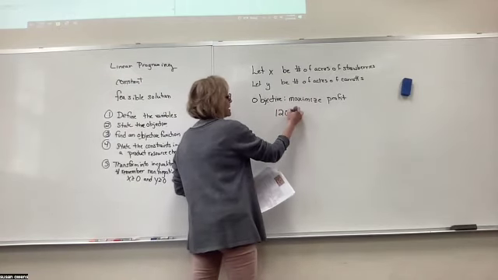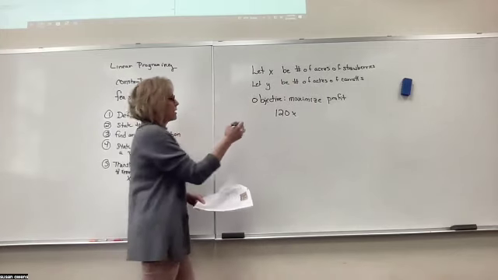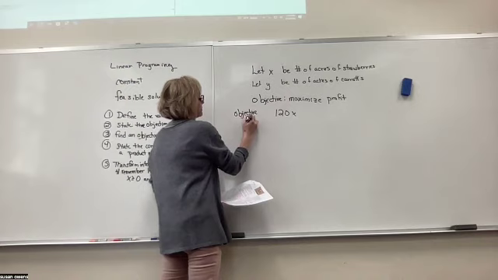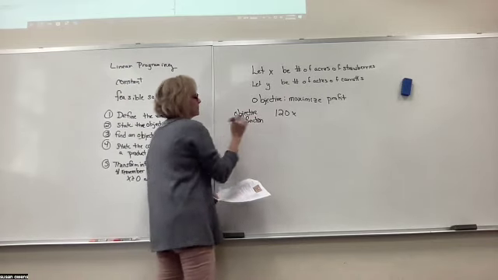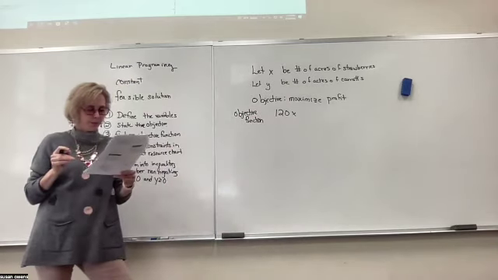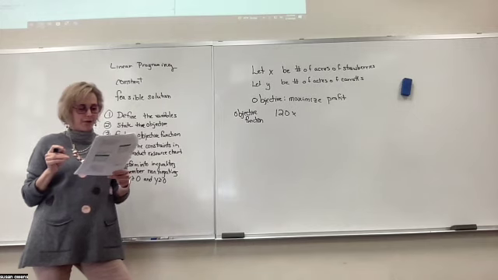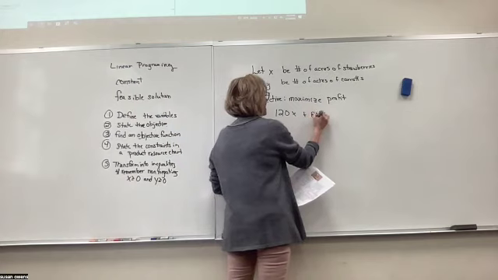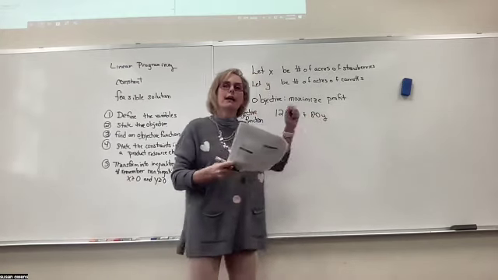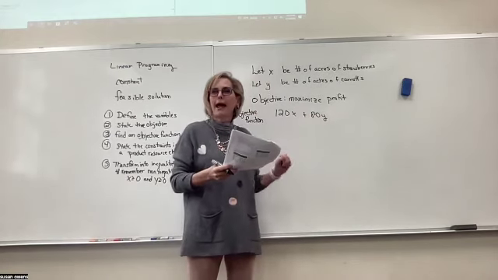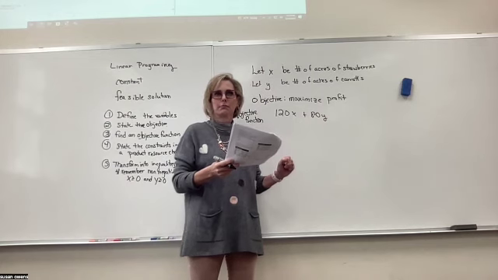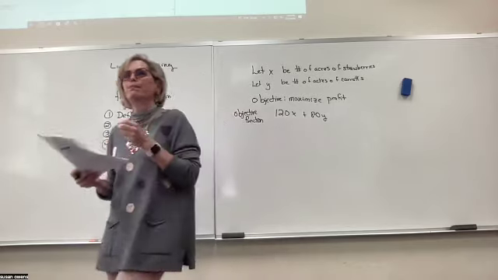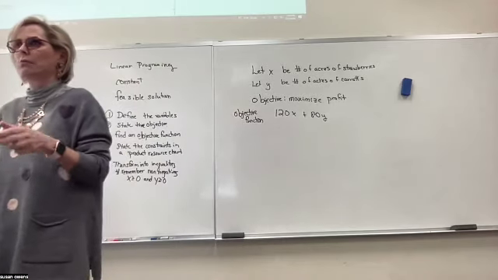So 120 times the number of acres that we plant. This is my objective function. Okay. And then what's my profit on the carrots? 80. So plus 80y. The objective function does not have an answer, because we have to figure out what we put in for X and Y that gives me the biggest number. Okay.